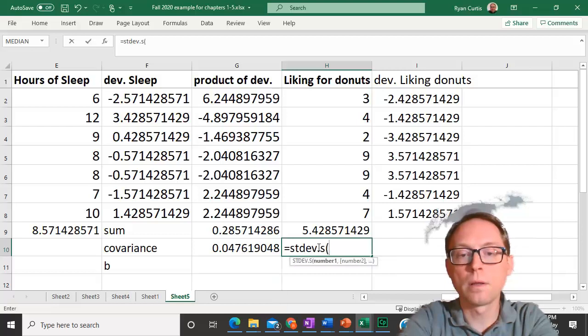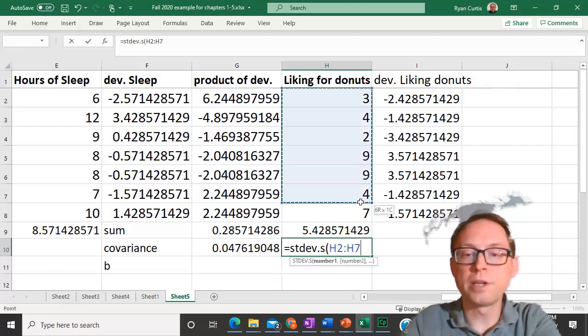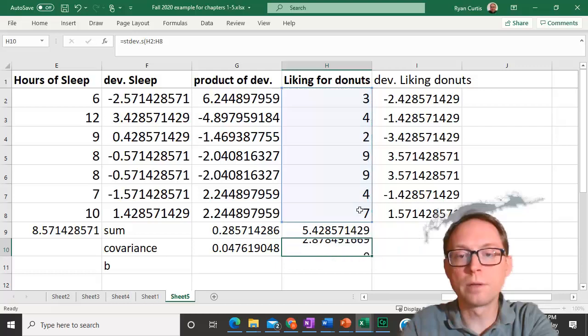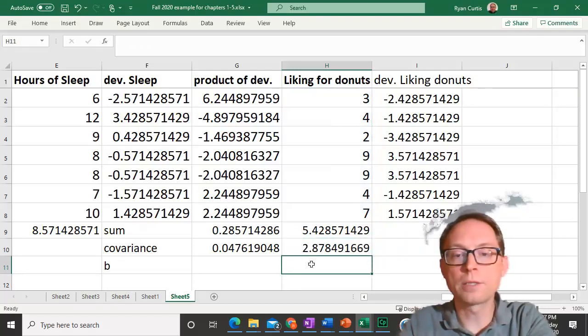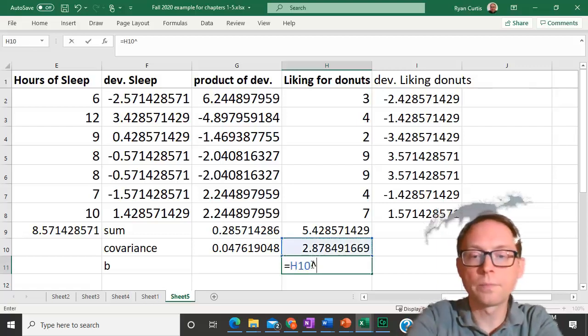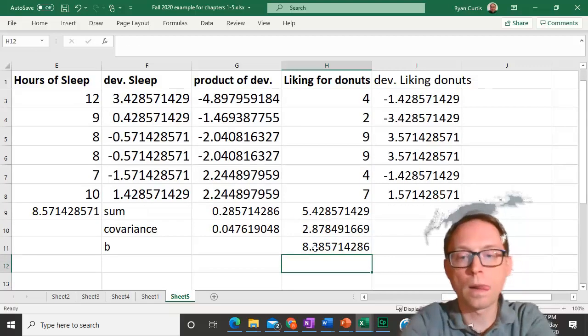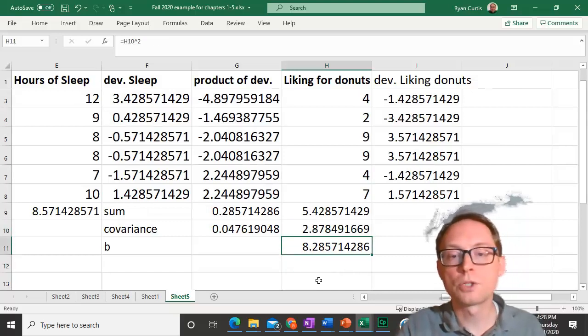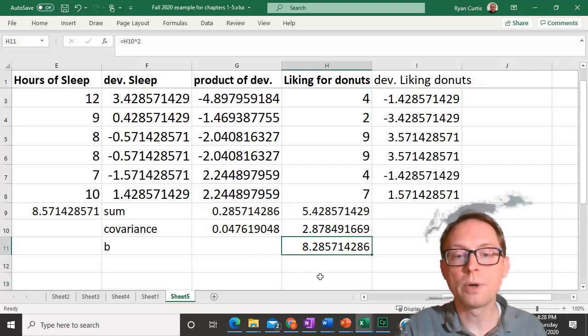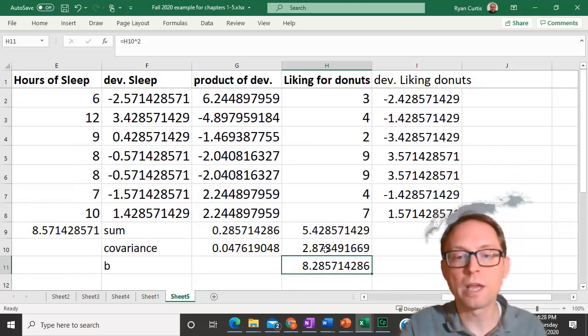In this case, it's a standard deviation of a sample. So make sure you remember that part. All right, that is going to be our standard deviation. And then we're going to square that. So the standard deviation of liking for donuts squared is going to be 8.257. It's roughly 8.29.